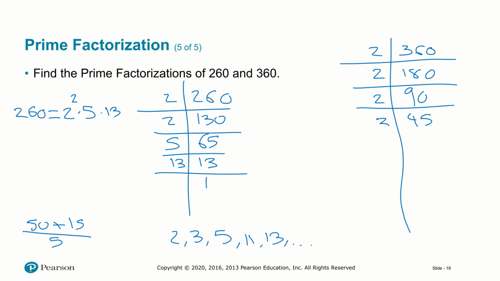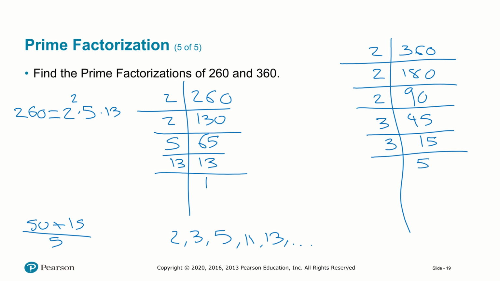So how many times does 3 go into 45? 15 times. Once again, I've reached a number here that is odd. So 1 plus 5 is 6, so I know I can still go with 3.